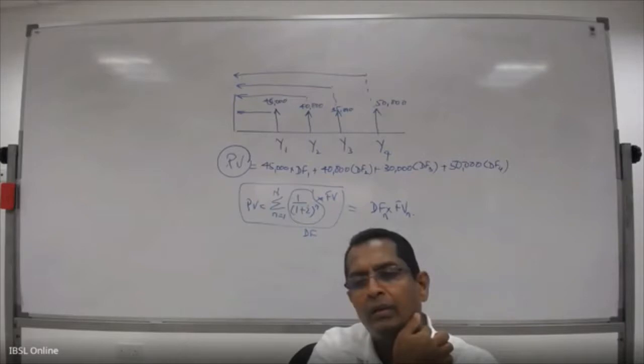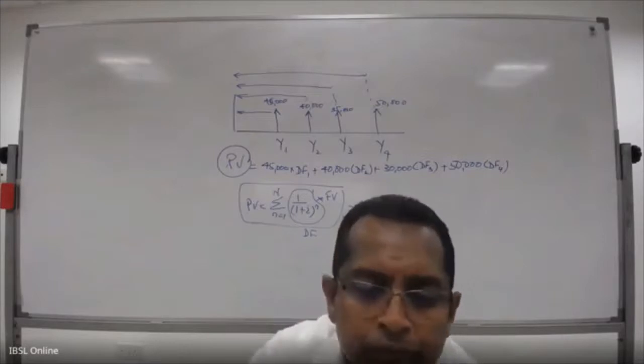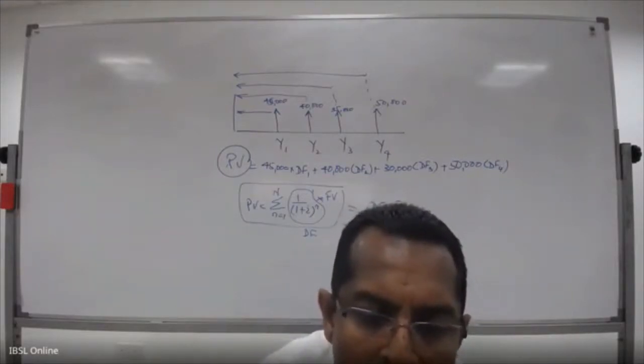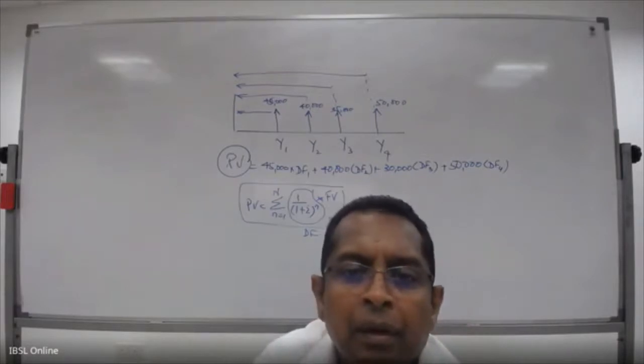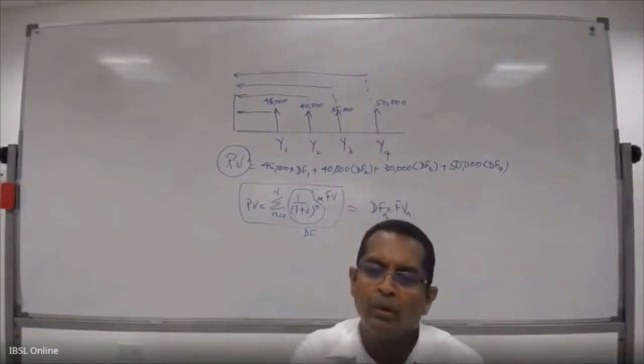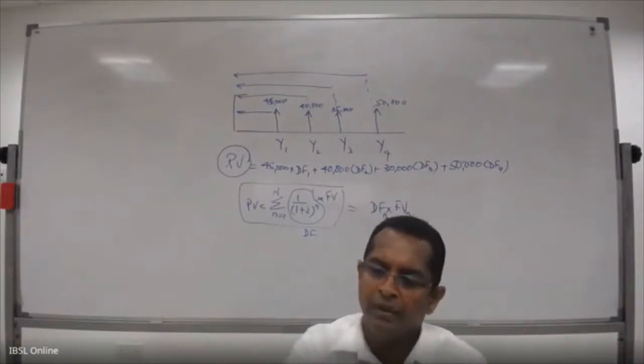Yeah, present value 134. Right. So I'm going forward. Hope you are there. Right. This is 134,380. That is the answer. Right.